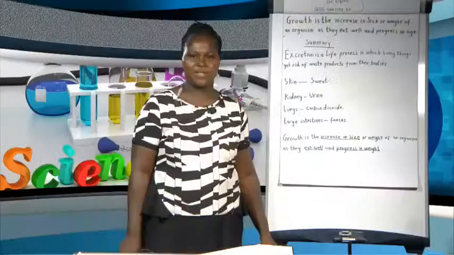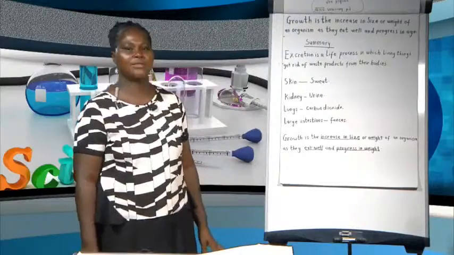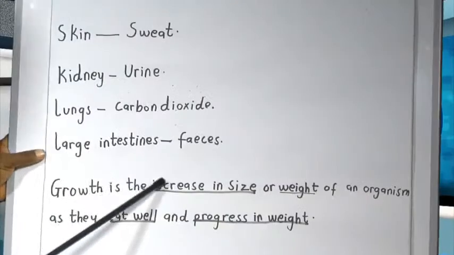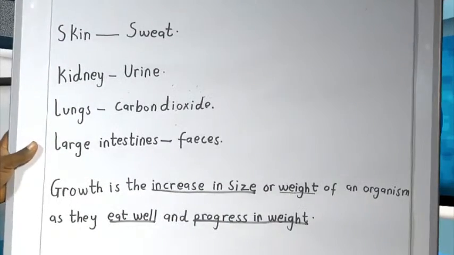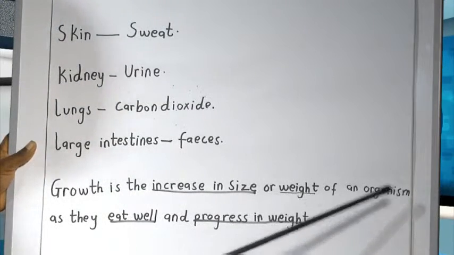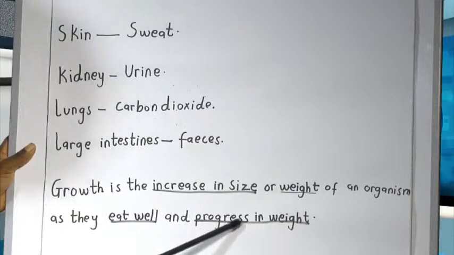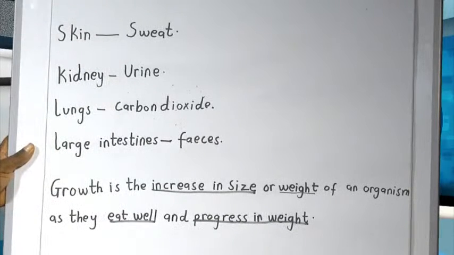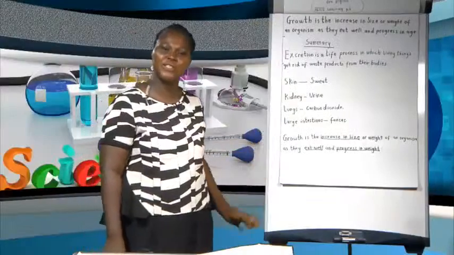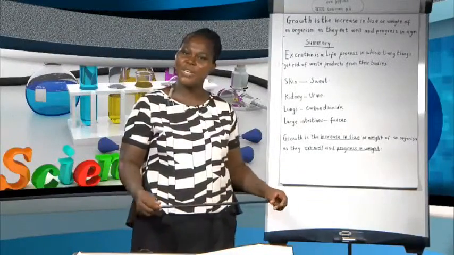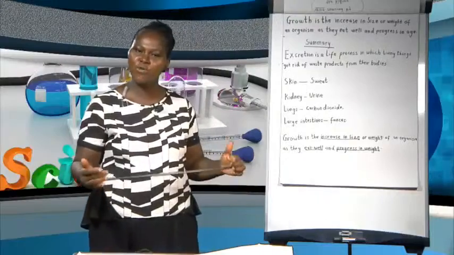The growth. We said growth is the increase in size or weight of an organism as they eat well and progress in age. So we have to eat well. We have to stop eating toffees, sweets, and eat good food.